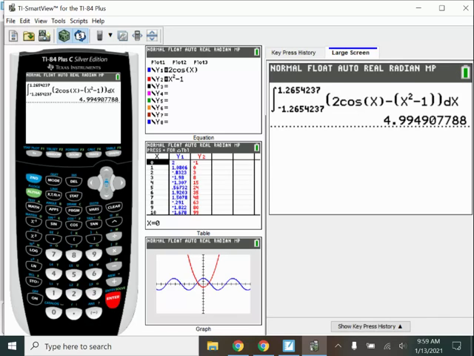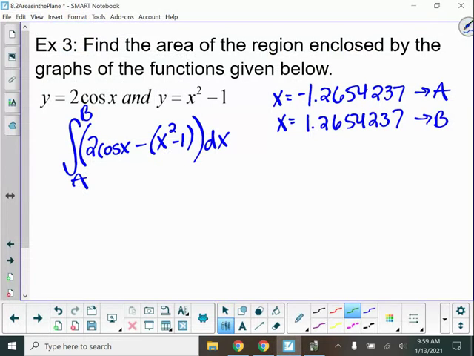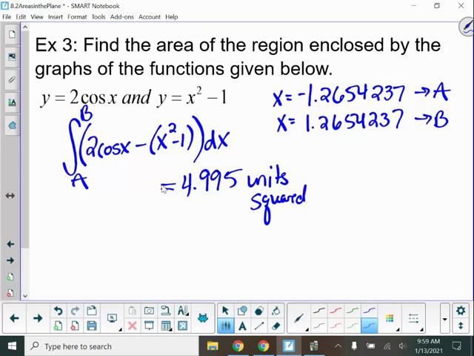And there is my solution. For the AP exam, you round to 3 decimal places. So this is going to be equal to 4.995 units squared.